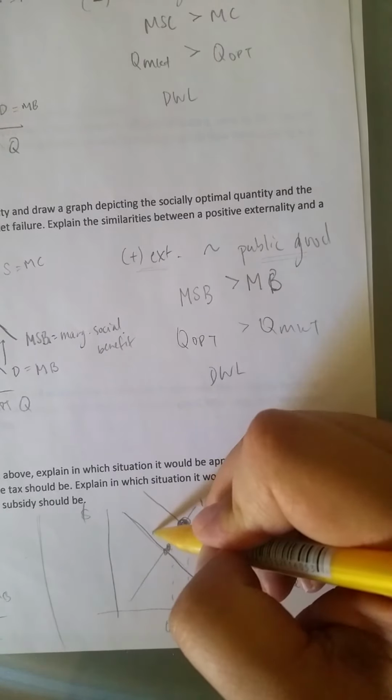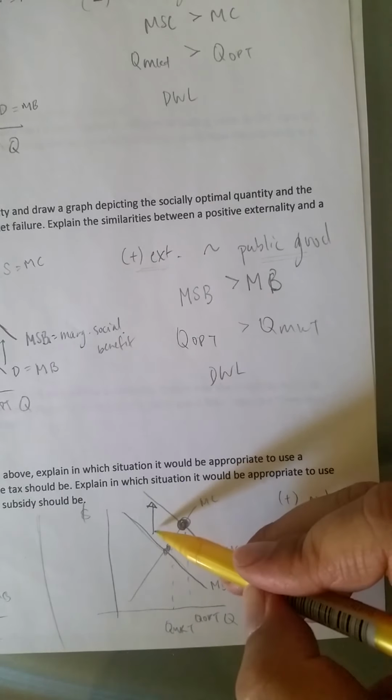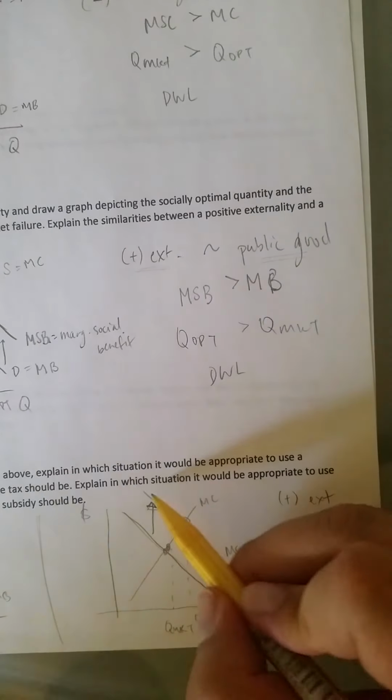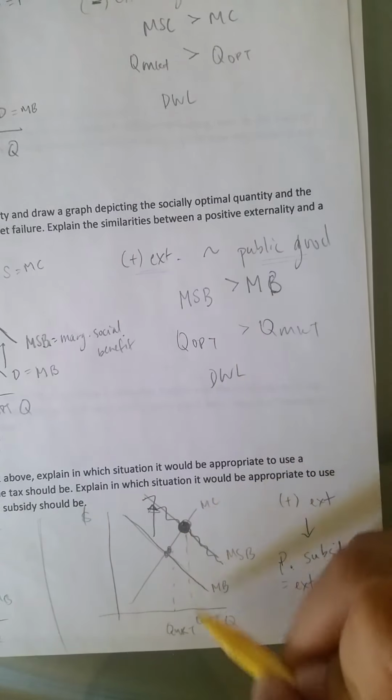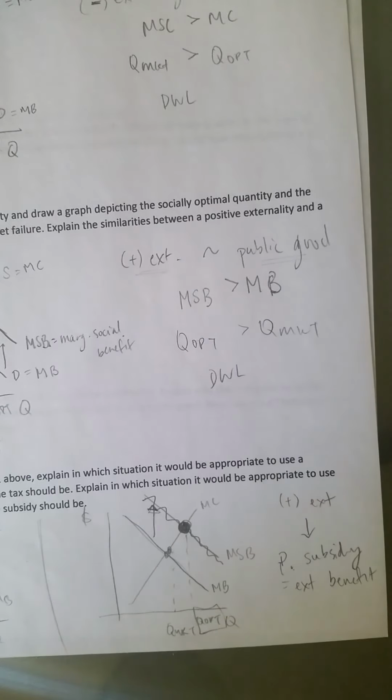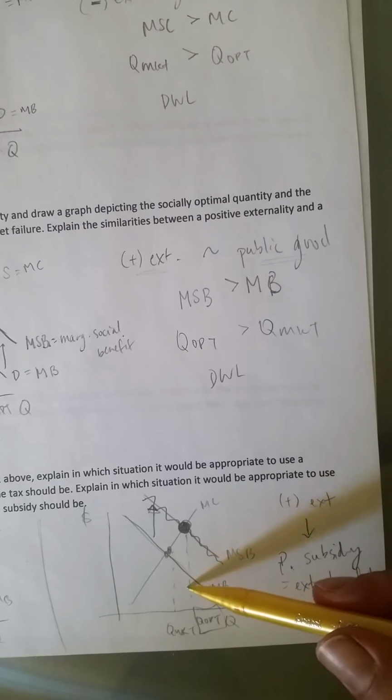If that subsidy is exactly equal to the amount of that external benefit, however much that line was shifted up by, then we end up back along this line, at this socially optimal quantity. So the Pigouvian subsidy should be exactly equal to the amount of the external benefit. And then we could end up back at this optimal quantity.